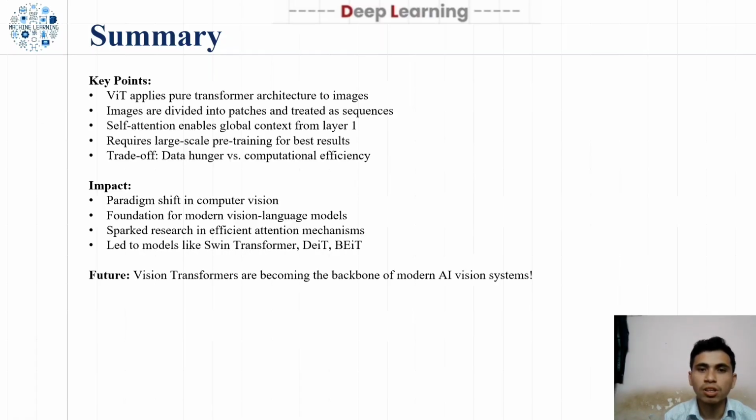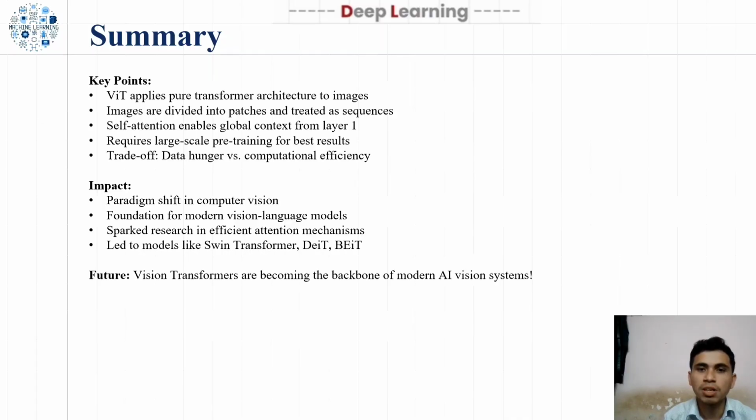The model needs to see hundreds of millions of images to truly outperform CNNs. Fifth, while powerful, vision transformers come with challenges: they need significant computational resources, large datasets, and careful tuning. The impact of the vision transformer has created a paradigm shift in computer vision research.